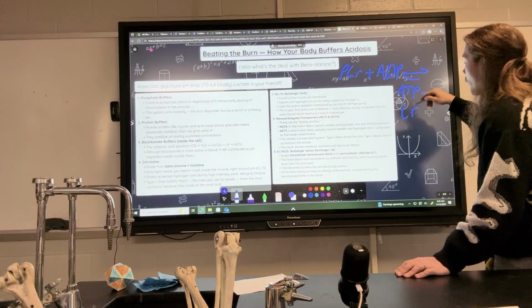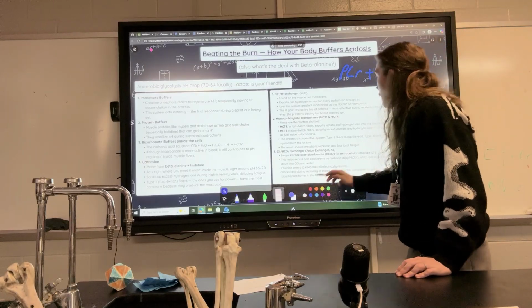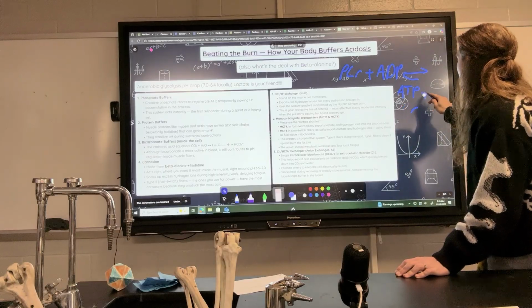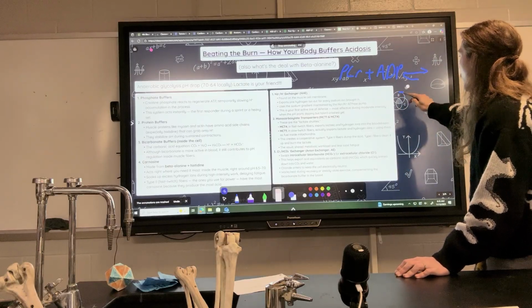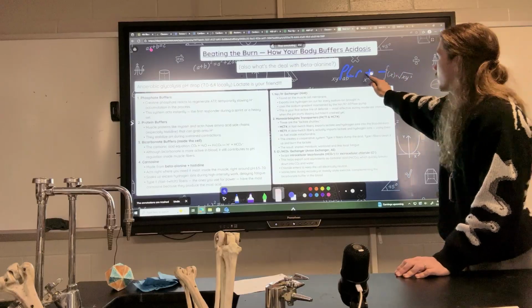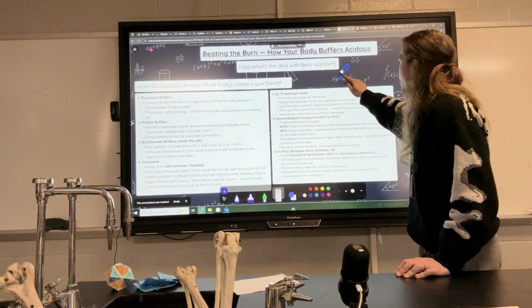And this reaction is reversible, so when you're at rest, it reverses, okay? But that creates energy within the first couple of seconds of you doing anything hard, okay?